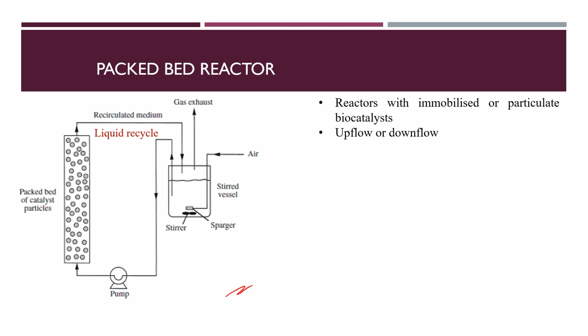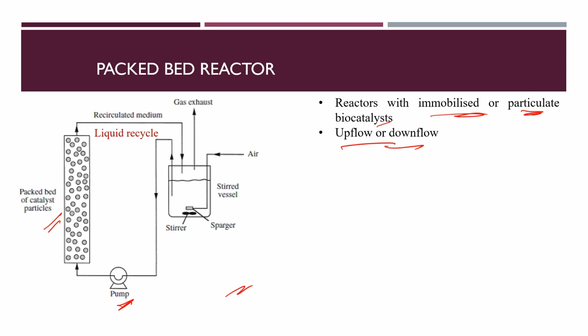Next, we are going for another configuration, that is the packed bed. So, you have a column which is packed with the catalyst or the biological agent, and there you have a pump to recirculate the liquid. Now, the cells are immobilized, or you have a particulate biocatalyst, and it can operate in both upflow and downflow manner.